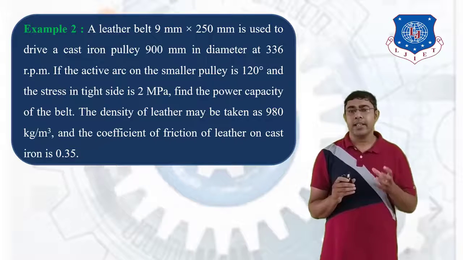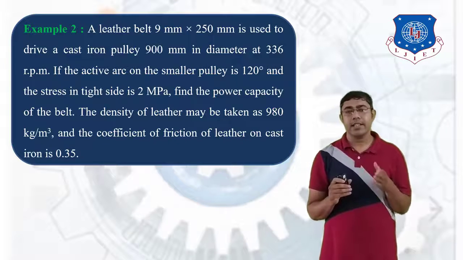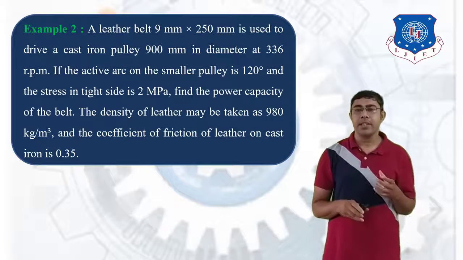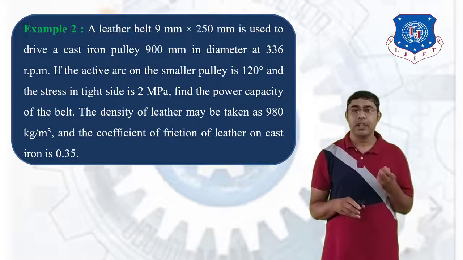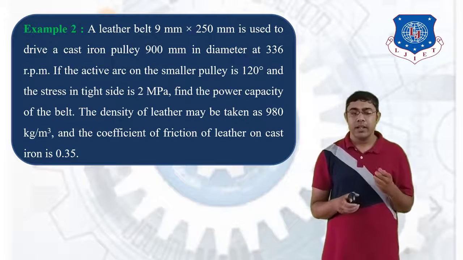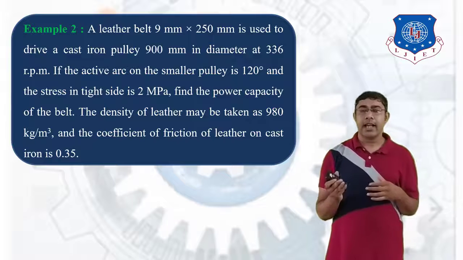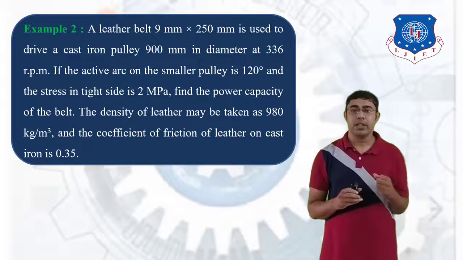So here the stress on the tight side is given, that is sigma is equal to 2 megapascal. Find the power capacity of the belt. So we have to calculate the power capacity of the belt.